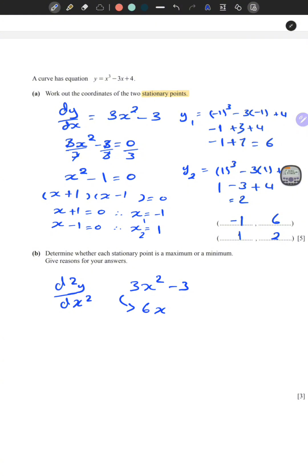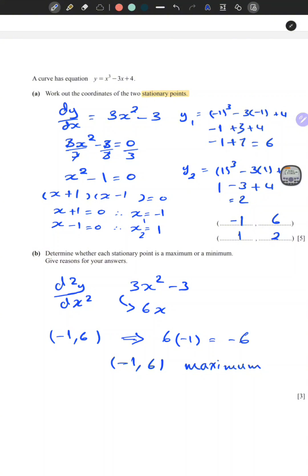For the first point, -1 and 6, the second derivative equals 6 times -1, which is -6, and -6 is less than 0, so the point (-1, 6) is a maximum. Therefore the second point will be a minimum.